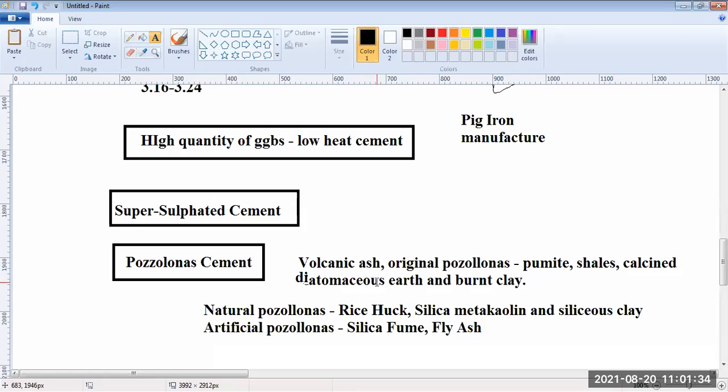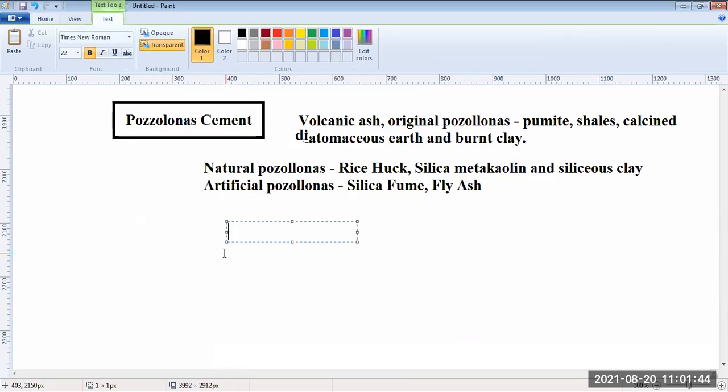Once added to OPC, you are getting better properties to OPC, so you can achieve higher strength in cement. So the main purpose of adding these pozzolanic materials is to achieve higher strength of cement. Now, probably I have shown you silica fume in earlier lectures.